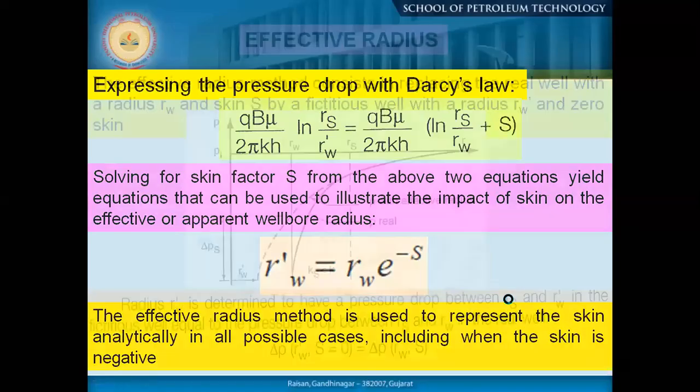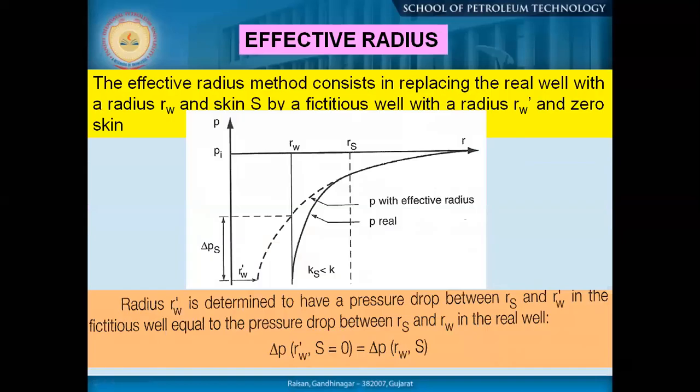Okay, so now in this graph you can see the effective radius method consists in replacing the real well with a radius rw and skin S by a fictitious well with a radius rw' and zero skin. So this is the physical meaning. When you have a skin less than normal, you are getting an infinitesimally small radius.